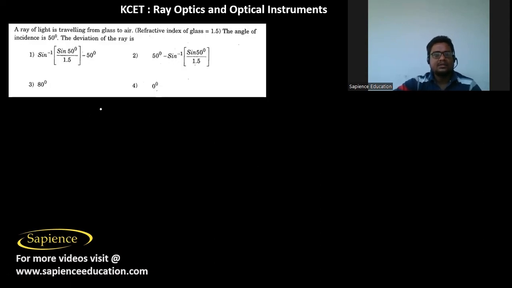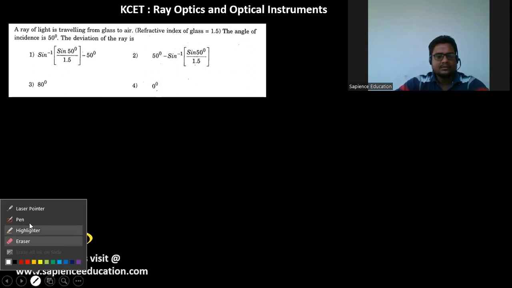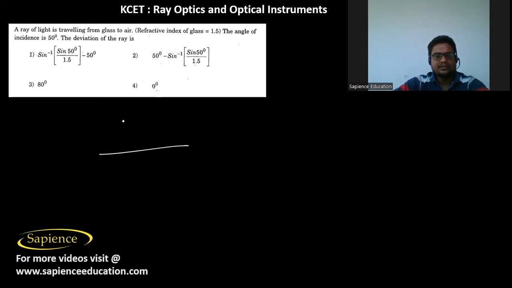Then it is told a ray of light is traveling from glass to air. That means it is going from denser medium to rarer medium.